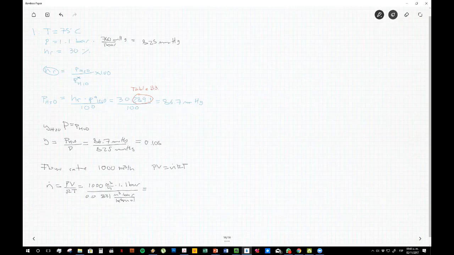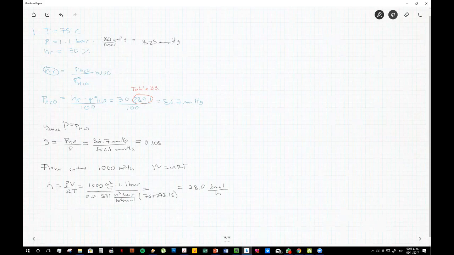Sorry, I'm missing the temperature. The temperature is 75 plus 273.15, and that gives us that the molar flow rate should be 38.0 kilomoles per hour, right?